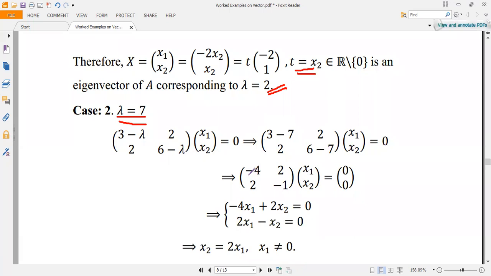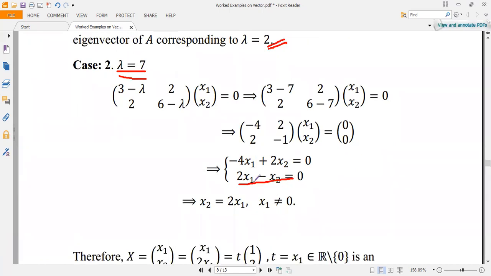Subtracting, we get minus 4, 2, 2, and minus 1, times x1, x2. Multiplying the matrix with this column vector, you get minus 4x1 plus 2x2 is equal to 0, and 2x1 minus x2 is equal to 0. So multiplying the second equation by minus 2, you get the first equation, so both equations are the same.